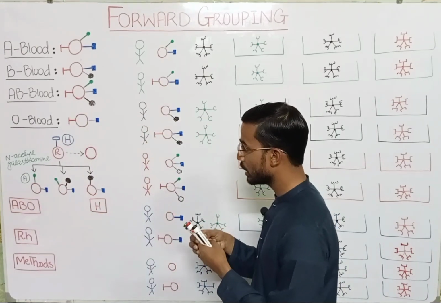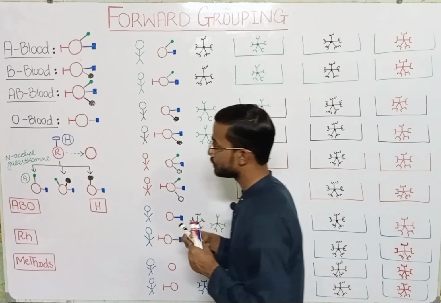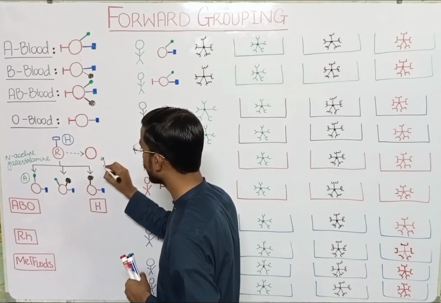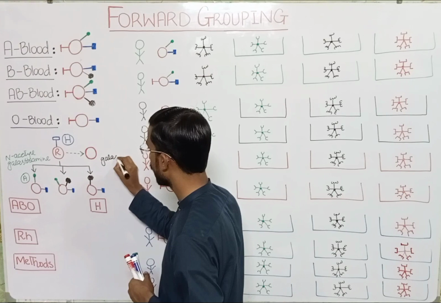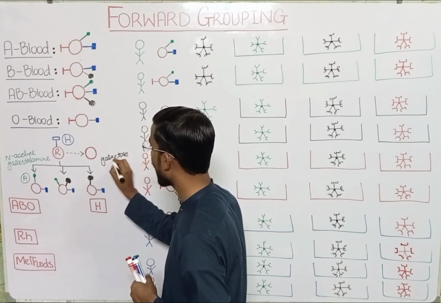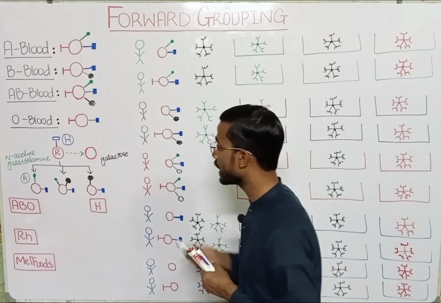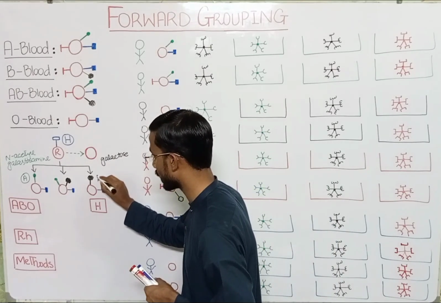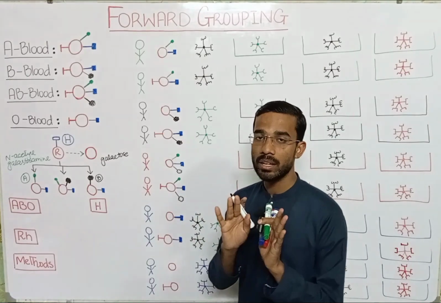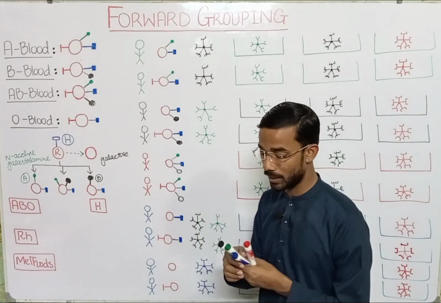And when galactose is attached to the H antigen, it converts into the B antigen. This is something you have to remember.